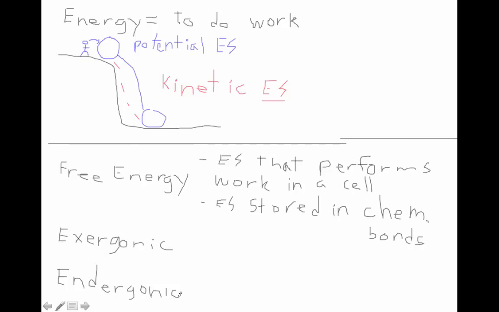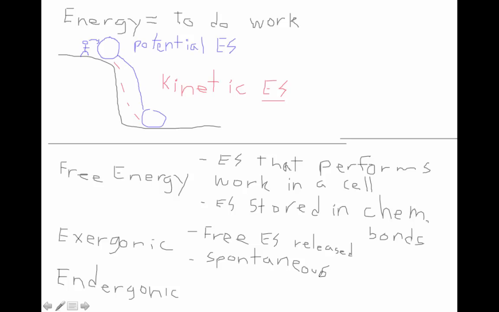So in an exergonic reaction, there are a couple points I want you to know. First, we need to know that there is a net release of free energy. And I also want you to know that exergonic reactions are spontaneous. And what do I mean by spontaneous?